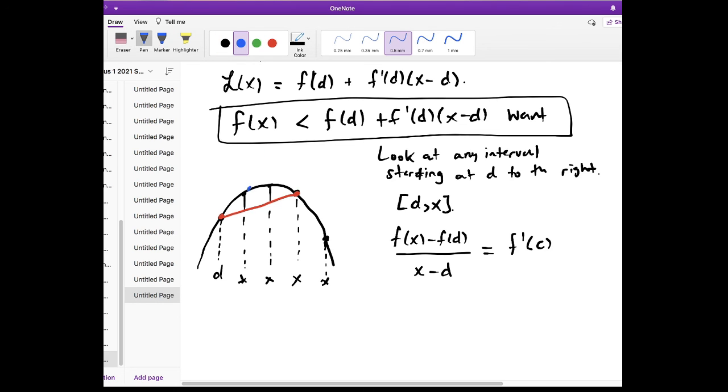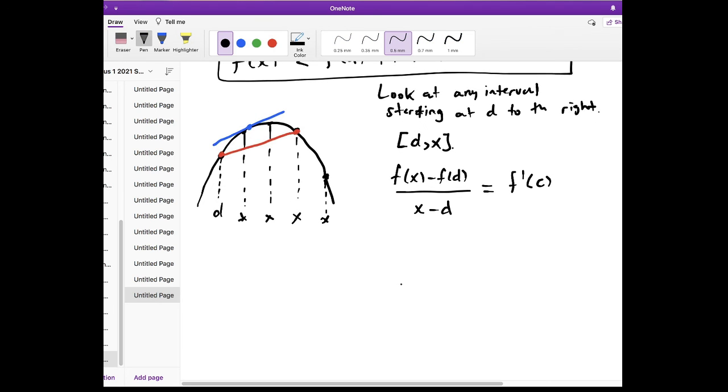So somewhere over here, it's in between. But very importantly, c is bigger than d, because we're looking at something to the right. And c is inside the open interval (d, x).